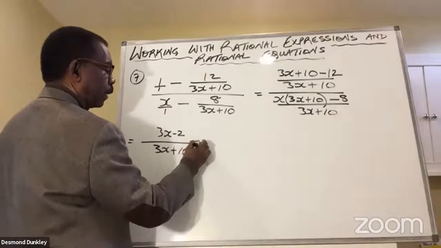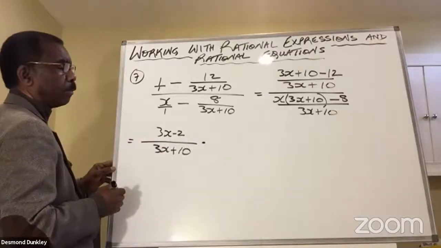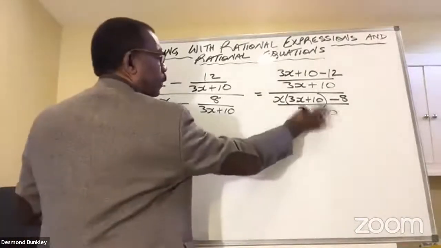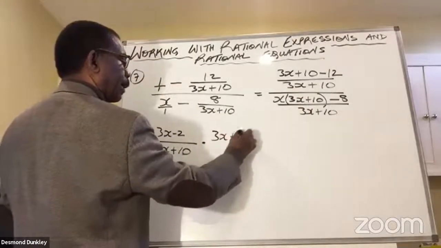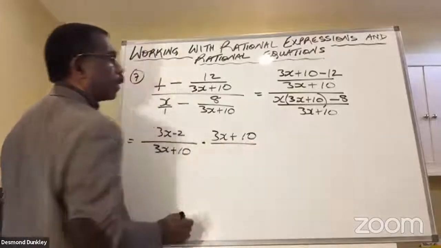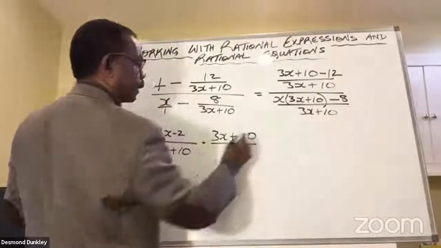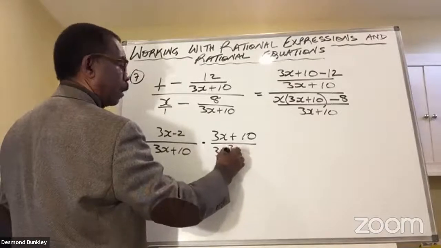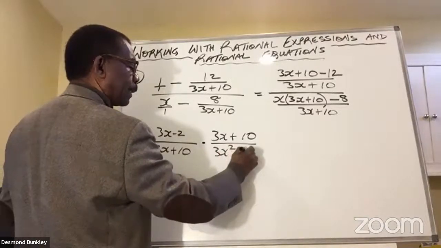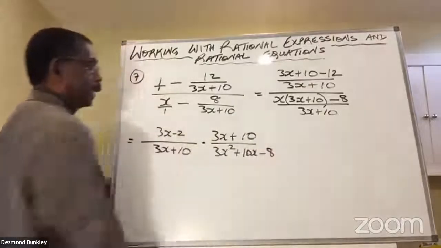Instead of division, we now have multiplication. This goes to the top, this goes to the bottom. So it's 3x plus 10 over, when I expand this, I end up with 3x squared plus 10x minus 8.